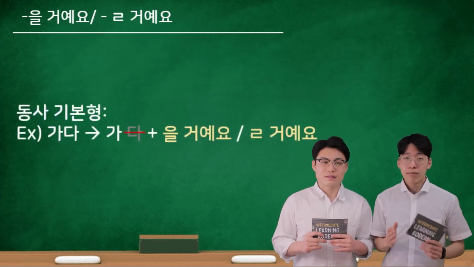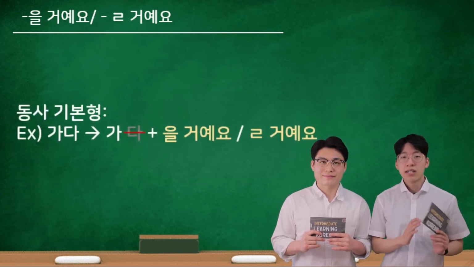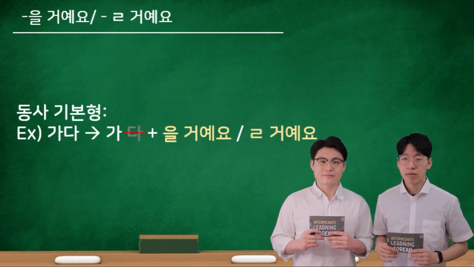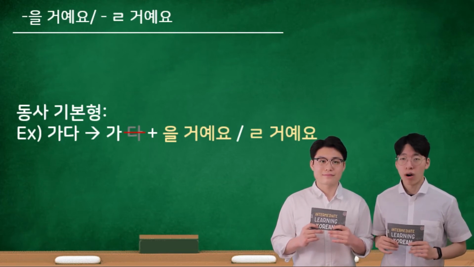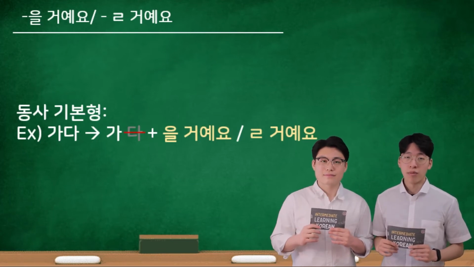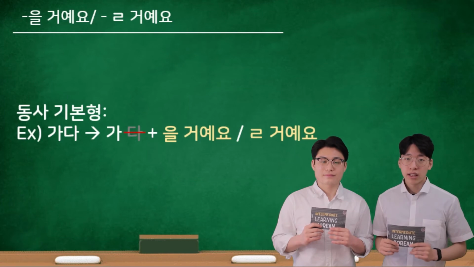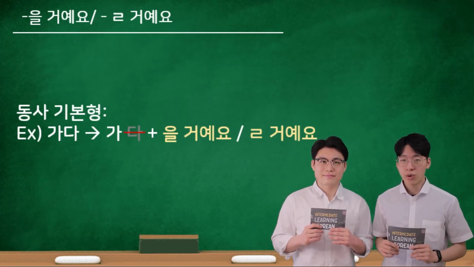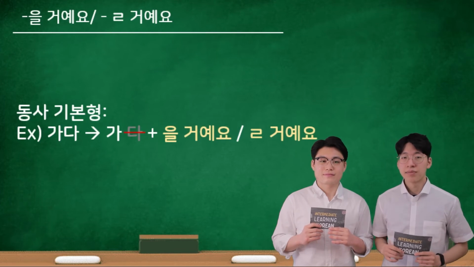Yes, let me explain. First, if you remove 다 from the basic form of a verb, the stem will remain. After that, 을 거예요 and ㄹ 거예요 are added.